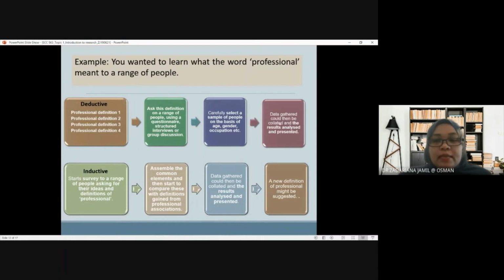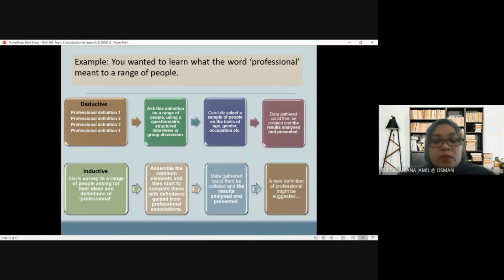The data gathered could then be collated and the results analyzed and presented. What do the people agree on as the definition of professional? Do they agree with definition 1, definition 2, or definition 3? So they will have very specific results.